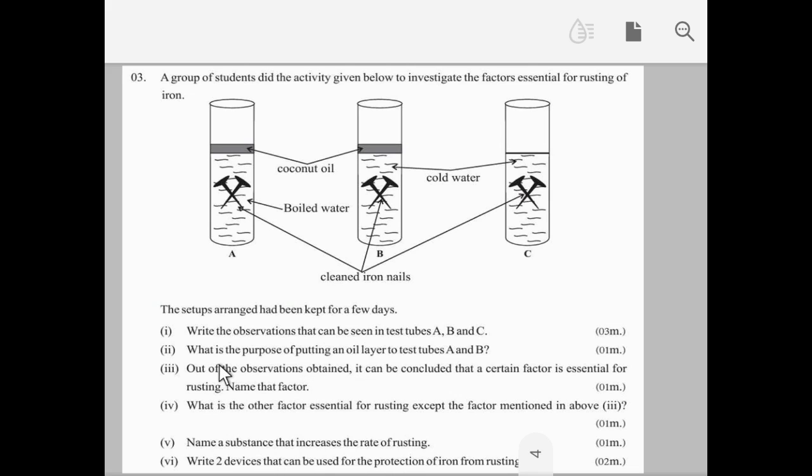We can apply oil or grease. Applying oil or grease on metals, or we can apply a coat of paint on the metals.